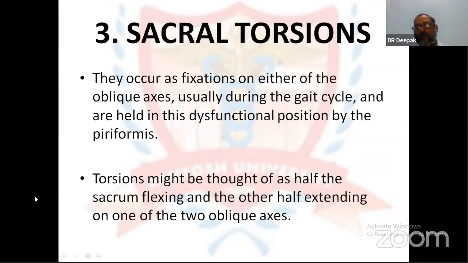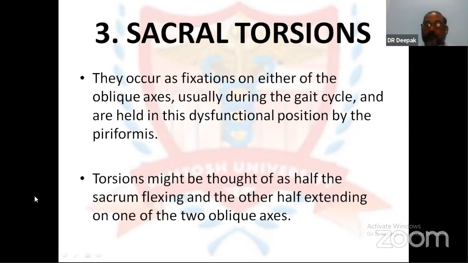According to that, we define base anterior dysfunction when the sacrum is subluxated in the anterior direction or stuck in the anterior direction. Like this, sacral torsions are where the sacrum is fixed or stuck in the oblique axis movement, which normally occurs in the gait cycle.